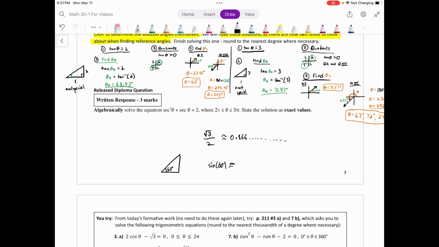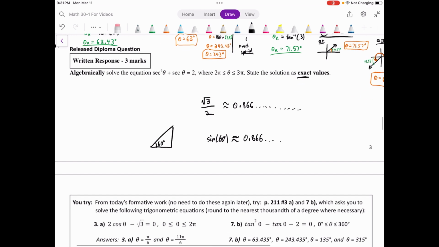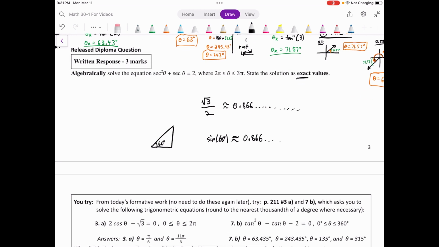And I'm going to use squiggly equals here because it's not actually equals, it's approximately equal to, not exactly equal to, right? If you use your calculator, it's going to say sine 60 is approximately 0.866 and then some other numbers. That is a rounded value. It's not exact, right? We know from our special angles and our special triangles, the exact value of sine 60 is root 3 over 2. That's exact.